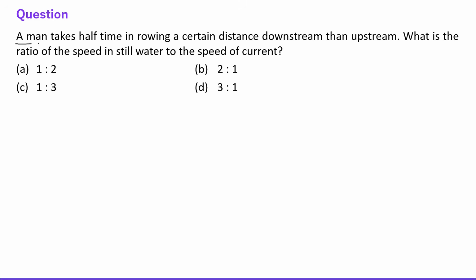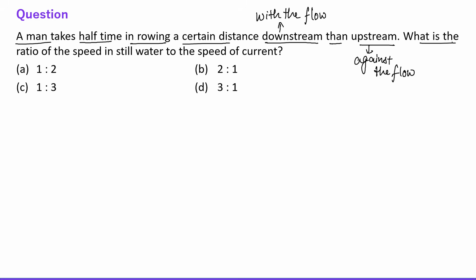The next question says a man takes half the time in rowing a certain distance downstream than upstream. Downstream means with the flow, and upstream is against the flow. What is the ratio of the speed in still water to the speed of the current?